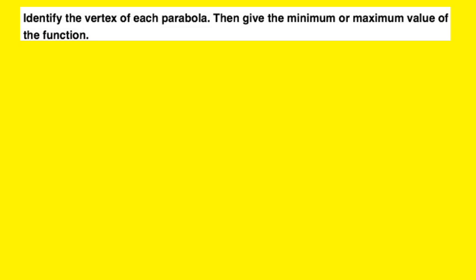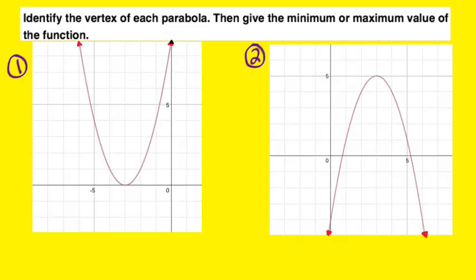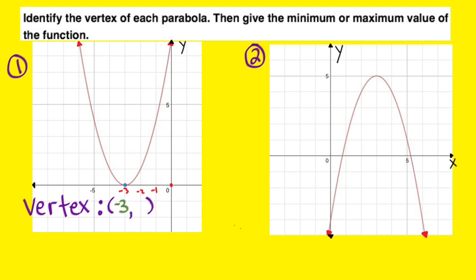So let's talk about the vertex of each parabola and whether it shows a minimum or a maximum. First we're going to find the exact point on number 1, and we can see that's going to be a vertex of -3, 0.